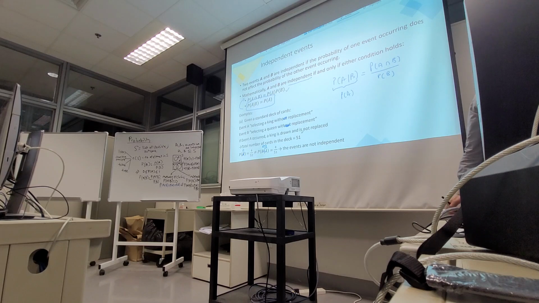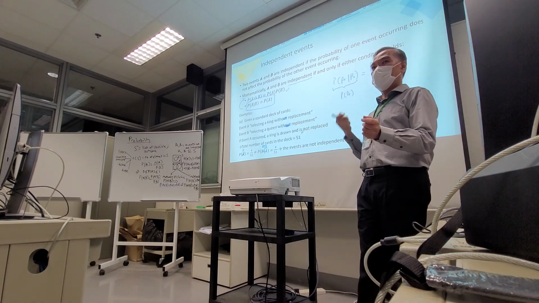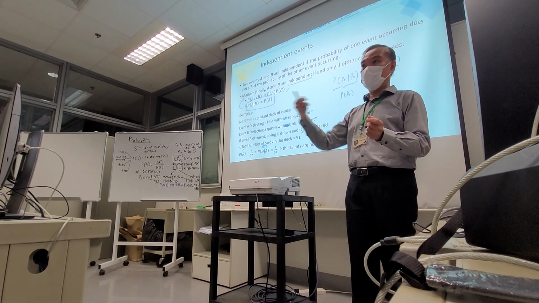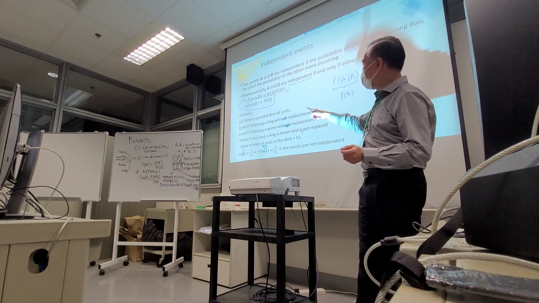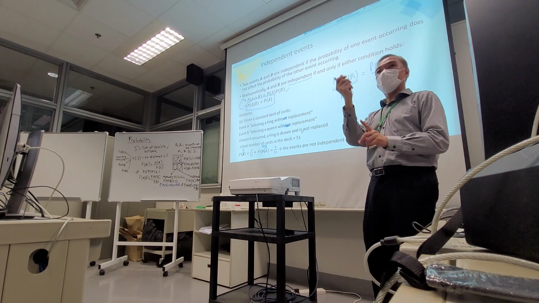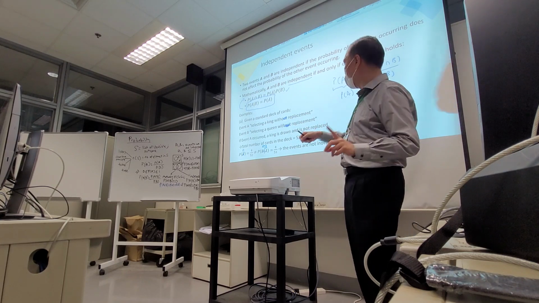When I say with replacement, what do I mean? You draw one card, you see the card, and then you put the card back. That's called replacement, right? So in this case, the event B means I draw one card which is a queen. I say, oh, that's a queen, so I put the queen back into the deck, because it's with replacement.